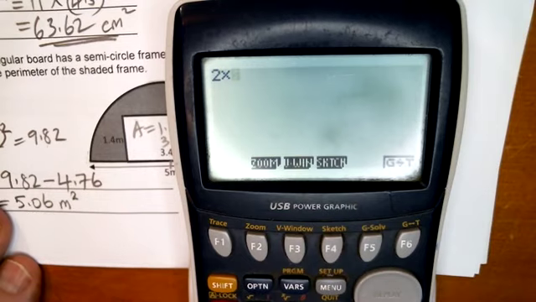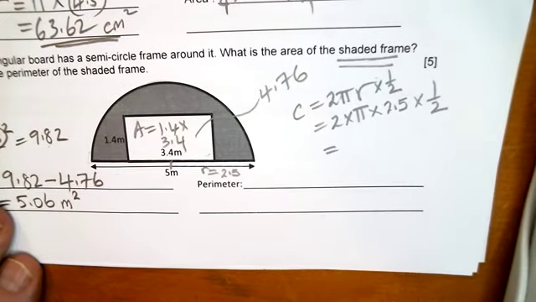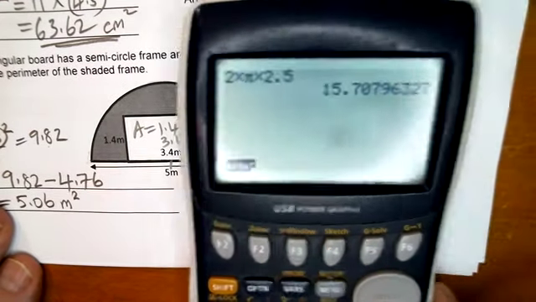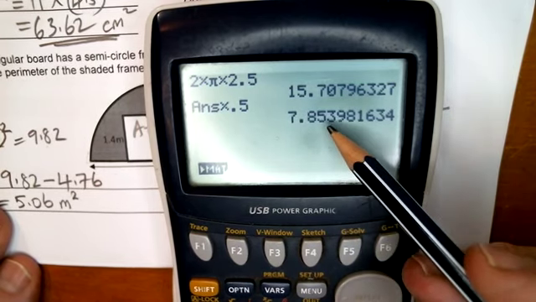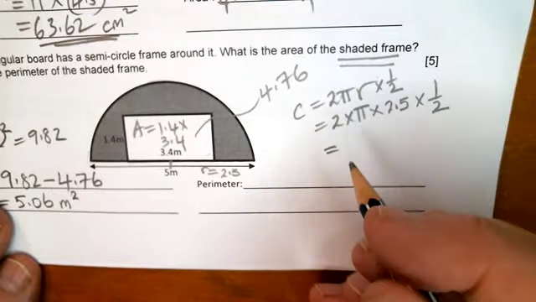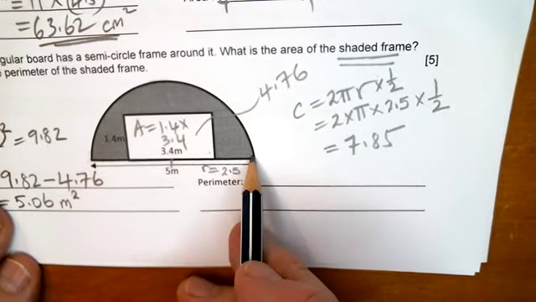So 2 pi r is going to be 2 times pi times 2.5. There it is, 15. And we're going to take half of that, so times 0.5, which I'm going to call 7.85. Plus we're going to add on a 5 there.